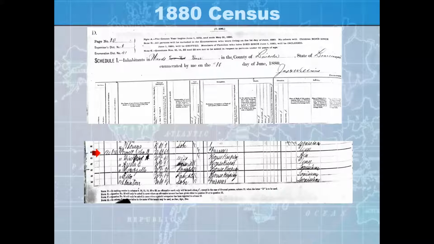To determine the birth month, you must notice the date the census was taken and subtract 5 months from that. So if a child has 5/12 on there, you would subtract 5 months from June of 1880, and that would give you about the time that child was born.